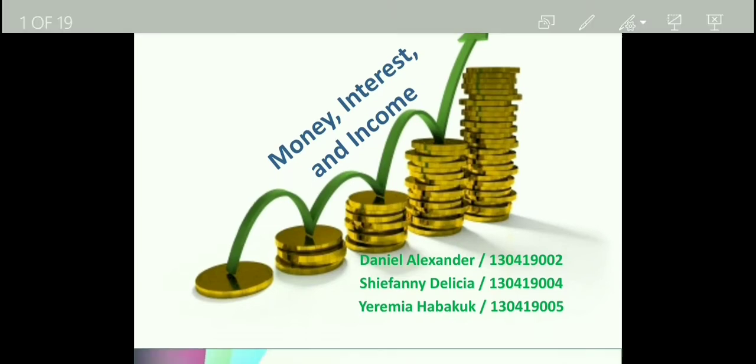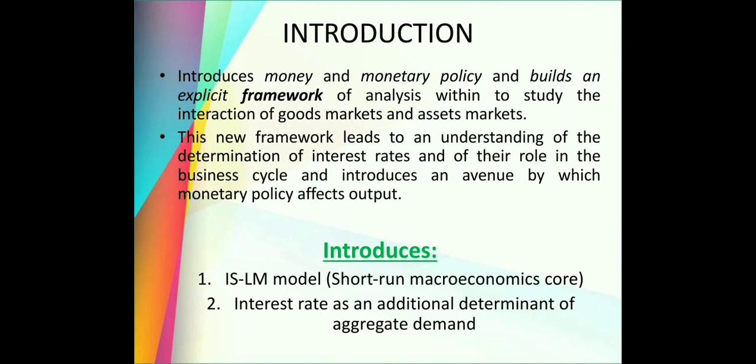Let's get started. Introduction to this chapter. This chapter introduces money and monetary policy and builds an explicit framework of analysis to study the interaction of goods markets and assets markets. This framework leads to an understanding of the determination of interest rates and of their role in the business cycle, and introduces an avenue by which monetary policy affects output.